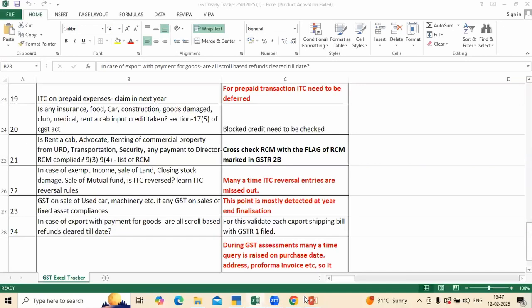Even I am of the view that if that small expense are not capitalized and routed through books P&L, then input credit can be taken, because the wording of section 17 subsection 5 says that if it is capitalized in books of account, credit is blocked; if it is routed through P&L, you can take the credit, provided that expense should be of revenue nature and not in capital nature. So you need to justify that yes, my expense is of revenue nature.